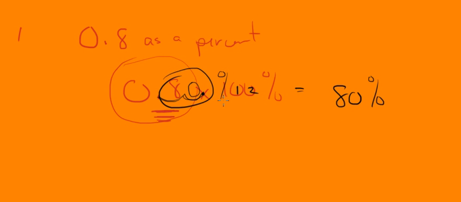We put a 0 right there. And over here it would actually look like 80%. So our number is 80, and it becomes a percent sign. So 0.8 times 100% equals 80%.